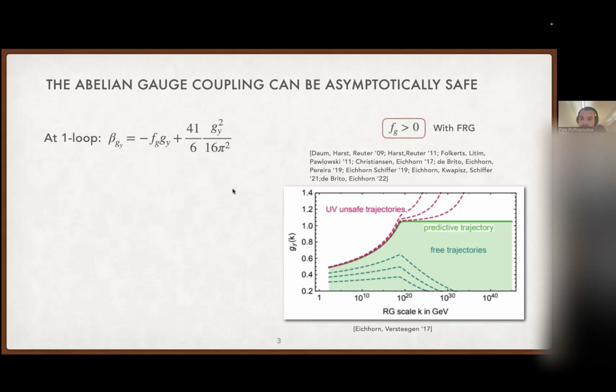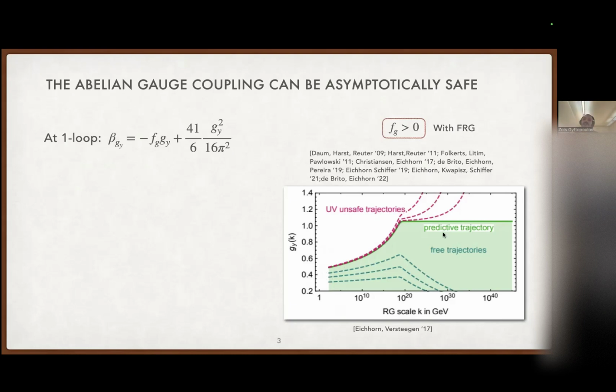And so the phase diagram of this g_Y coupling, this abelian hypercharge, has this following form. You can see here that there is an interacting fixed point corresponding to this green trajectory, where in the UV it remains constant. And if a trajectory emanates from this interacting fixed point below the Planck scale, it can flow towards an infrared value.